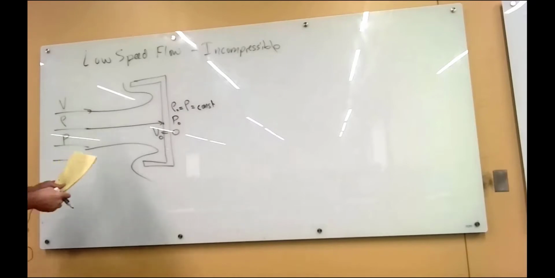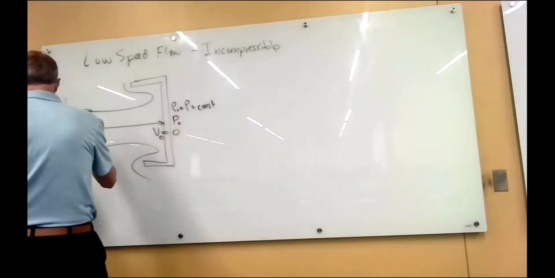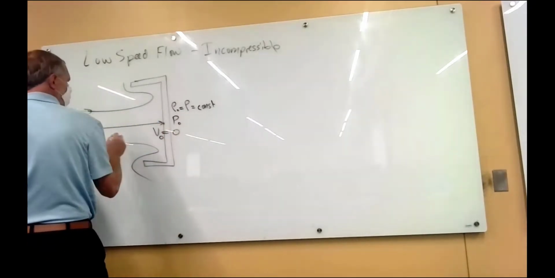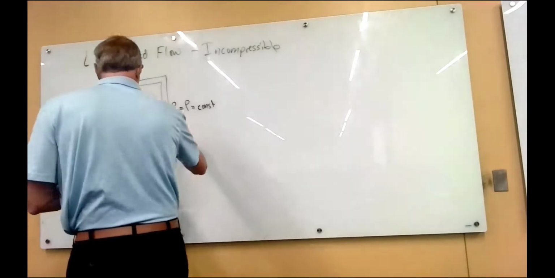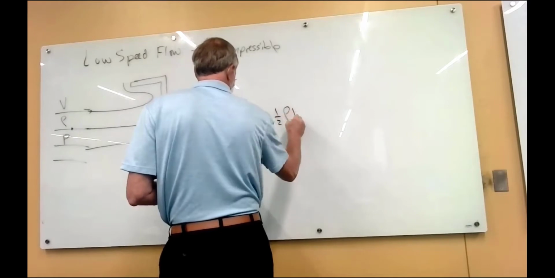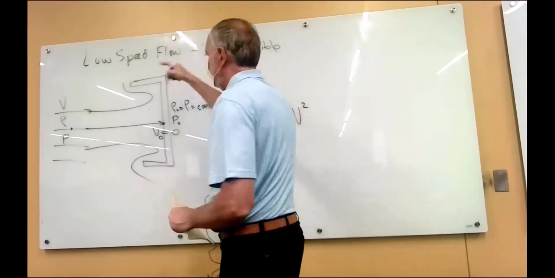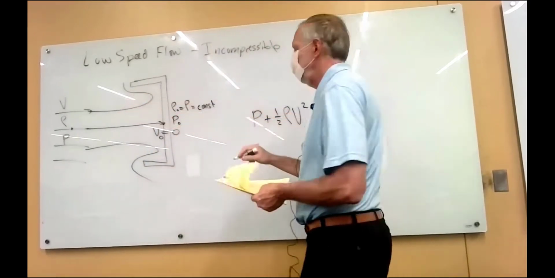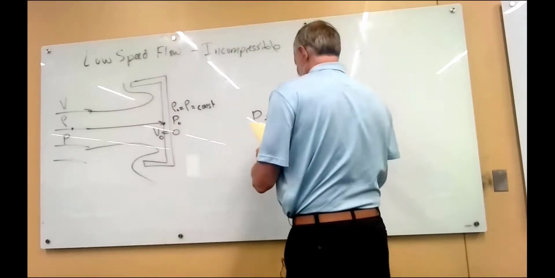And we can write Bernoulli's equation between these 2 points in the flow. The flow out here and the point that we're subscripting 0. So that's the point out there, the main flow before it hits the box.